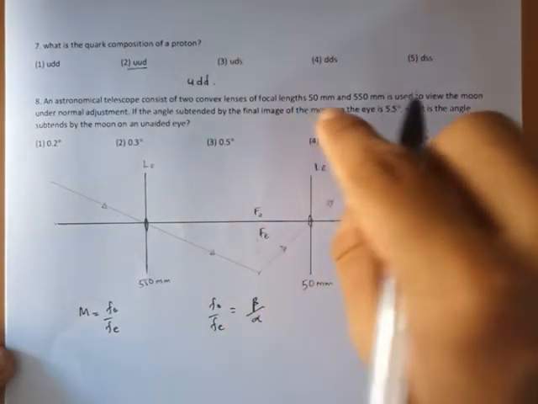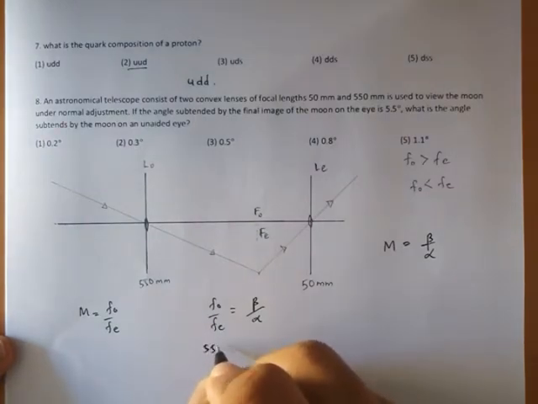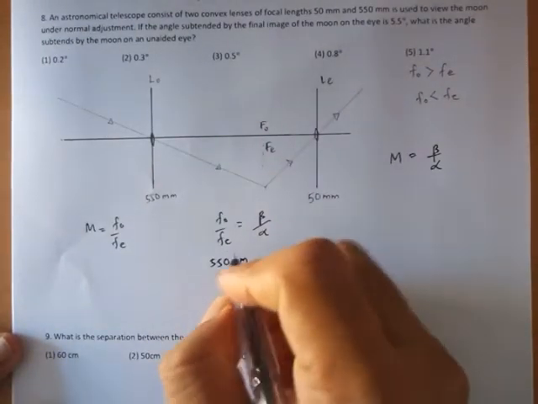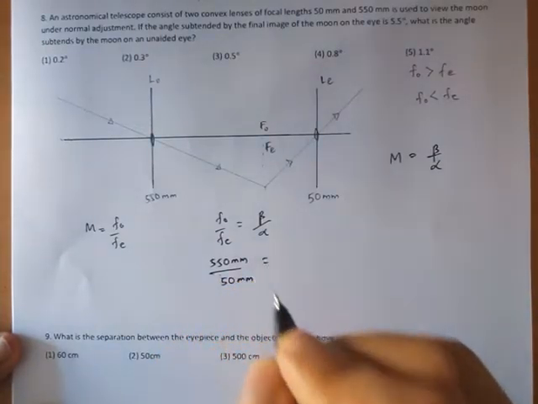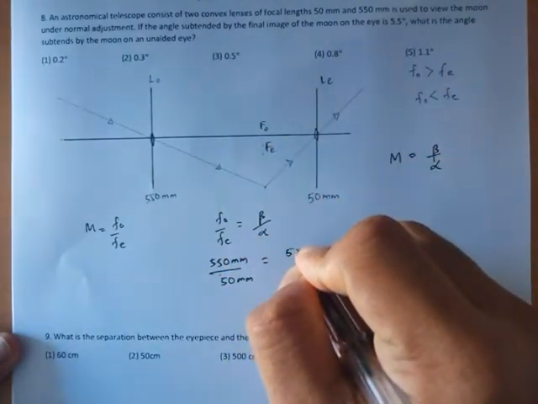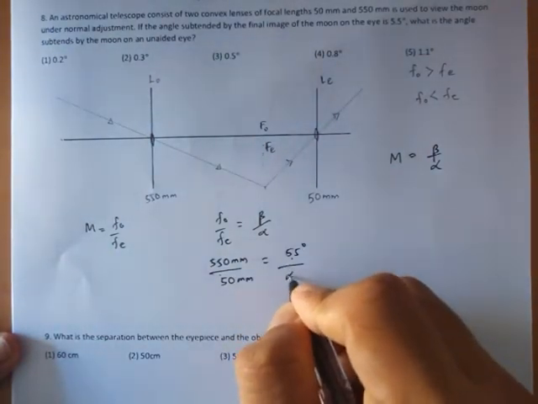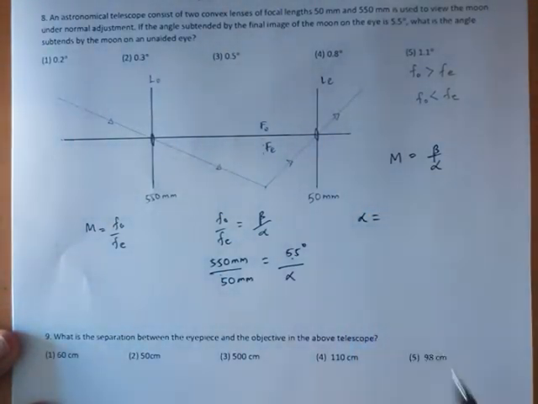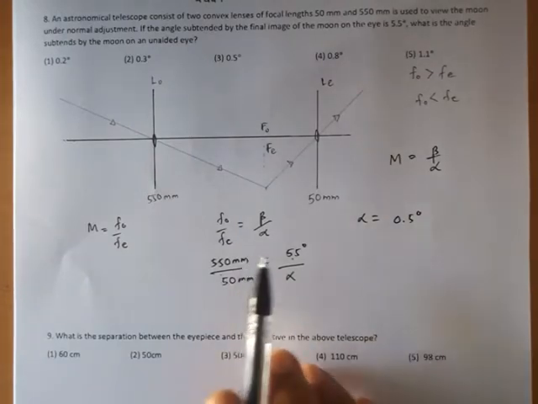So f naught is 550 millimeters and fe is 50 millimeters. Beta is 5.5 degrees over alpha, which we have to find. If I simplify this, we get alpha equals 0.5 degrees. So the answer is the third one.